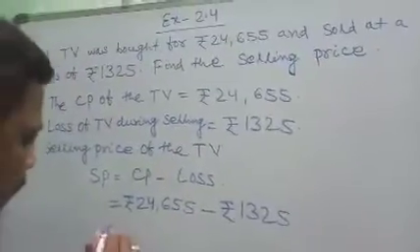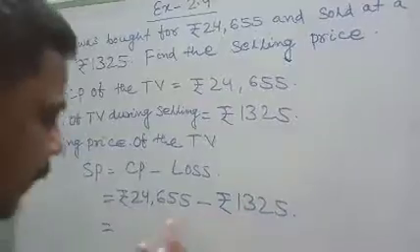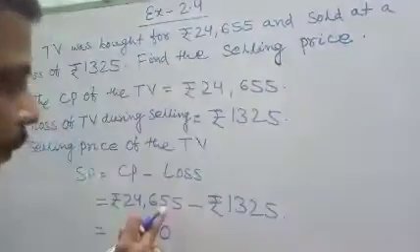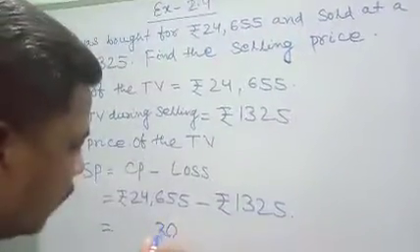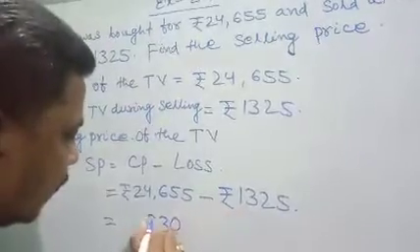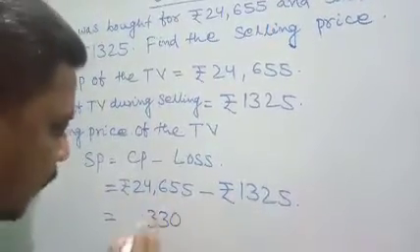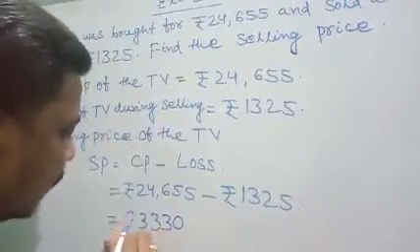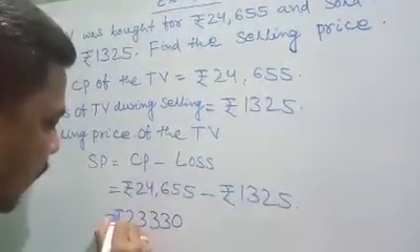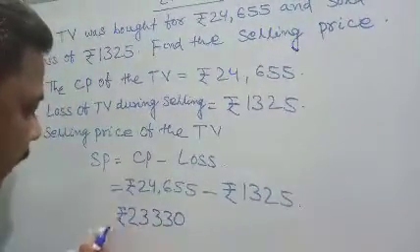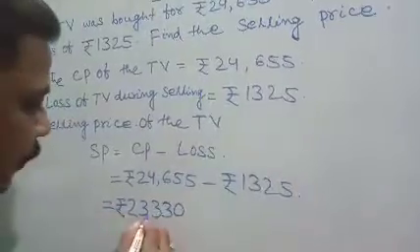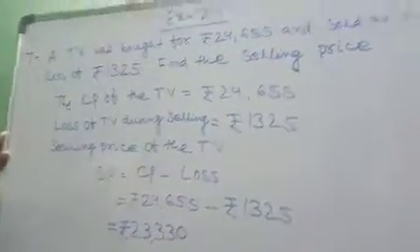Now subtract: 5 minus 5 is 0, 5 minus 2 is 3, 6 minus 3 is 3, 4 minus 1 is 3, and 2 minus 0 is 2. So our selling price is 23,330.